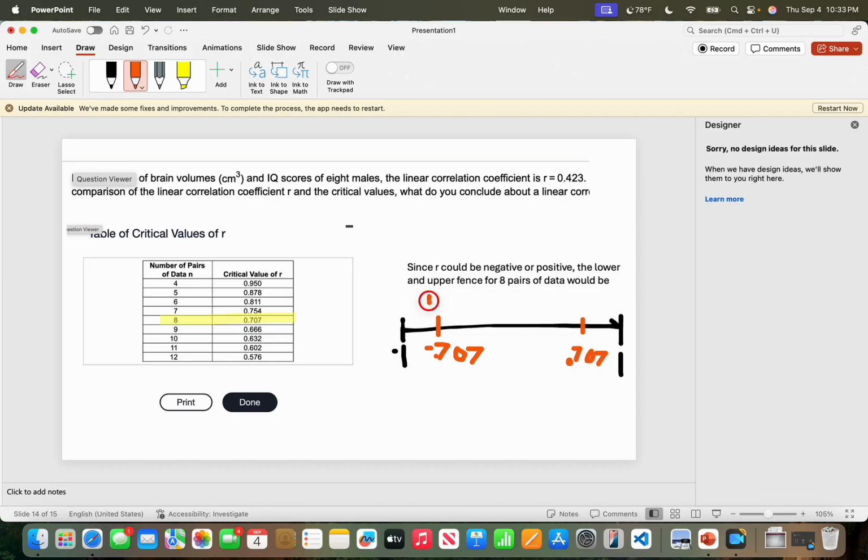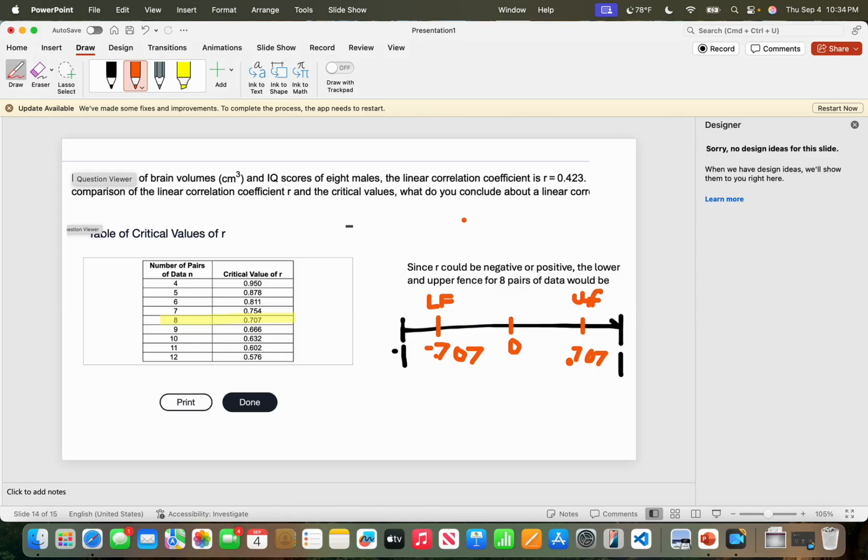And so here's the idea. Here's your lower fence. Here's your upper fence. And also, by the way, here's 0 in the middle, just for some context, right? Because R could be anywhere from -1 to +1.